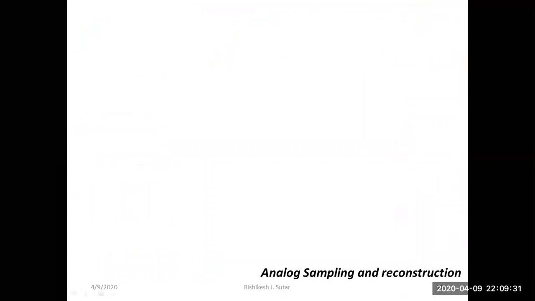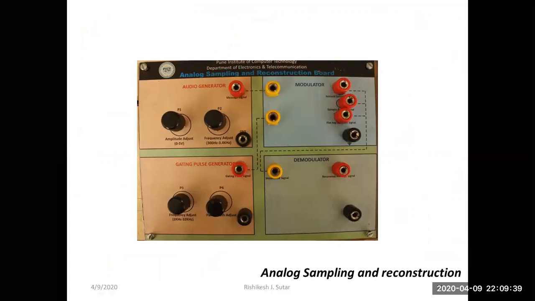Now let us start with the second practical, that is analog sampling and reconstruction. This is the analog sampling and reconstruction experimental board. The audio generator section will generate the modulating signal, whereas the gating pulse generator section will generate the train of pulses.